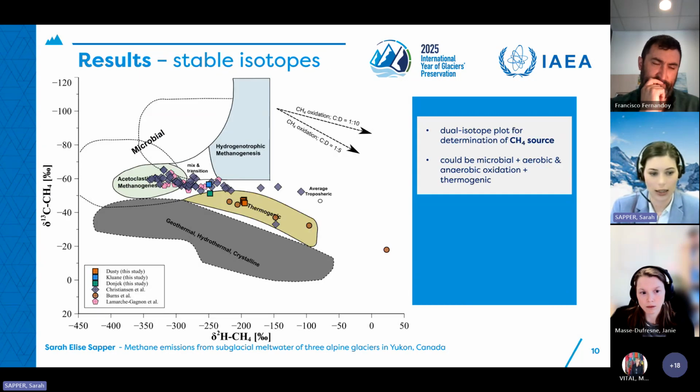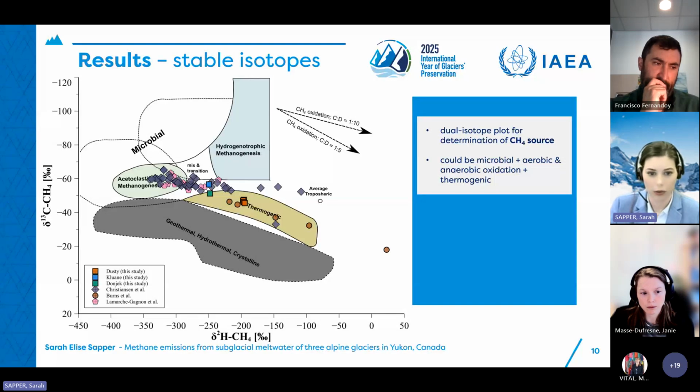We then looked at the isotopes of the methane, specifically at carbon-13 and deuterium. And in this dual isotope plot, we plotted it together with samples we knew the values of from other studies from Greenland and from Iceland to find out what the source of this methane is.